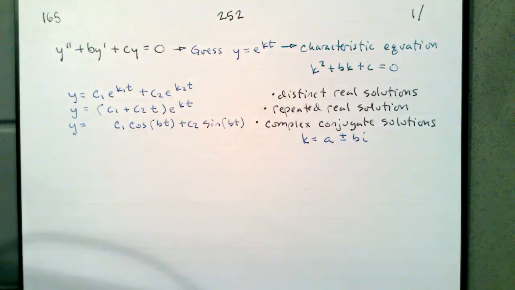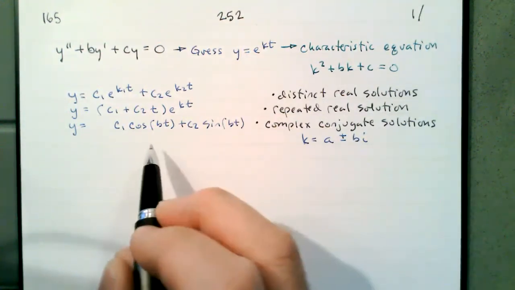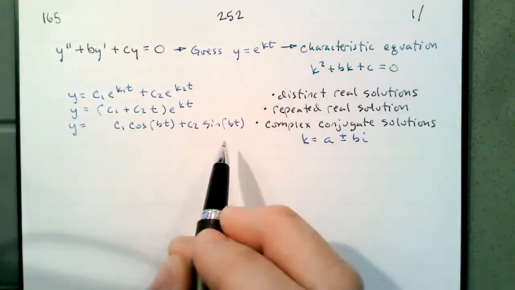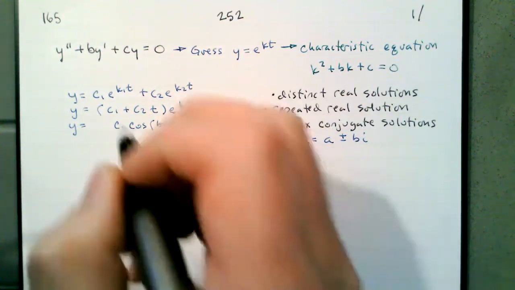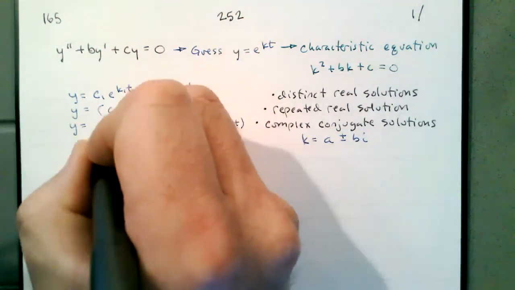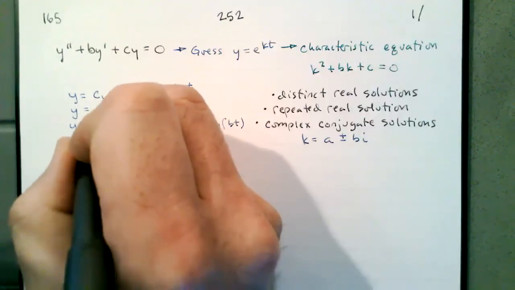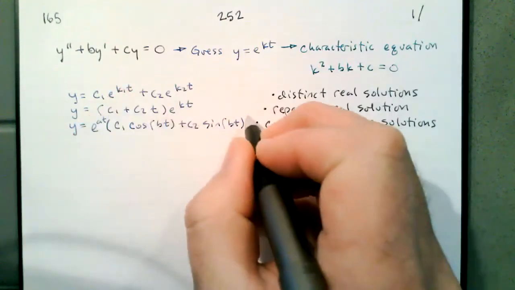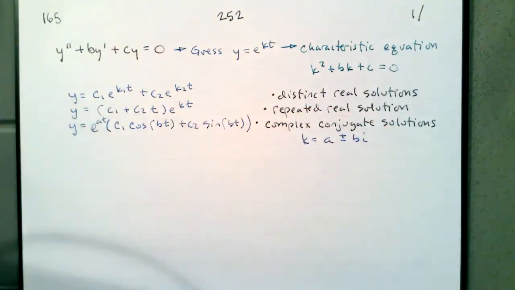Now this is if we have a equals 0. If a is not 0, then instead of getting this oscillation, just sines and cosines, we get an e to the at.